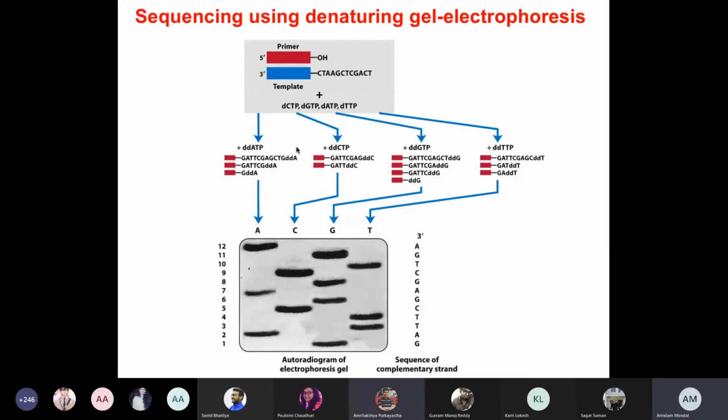So in all these strands, only the primer will be radioactively labeled, right? Yeah, because for all of the strands, the initiation happens from the primer itself, because this 3' OH acts as the initial OH, which will perform the nucleophilic attack. If you remember the DNA replication process, you always need a free 3' OH, right?